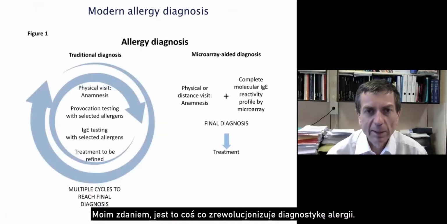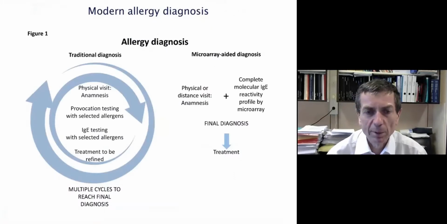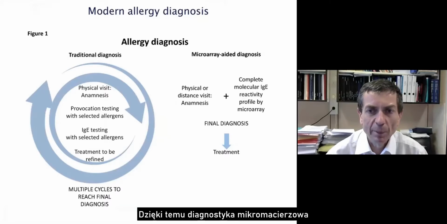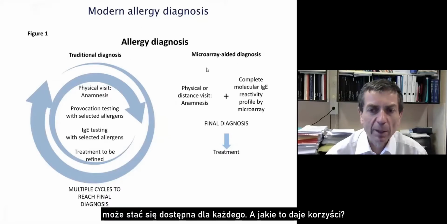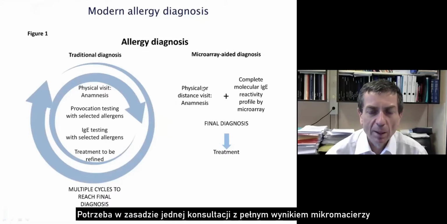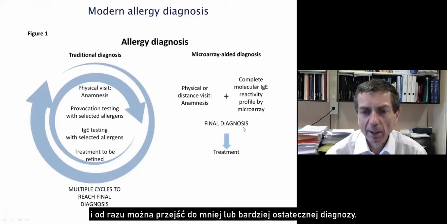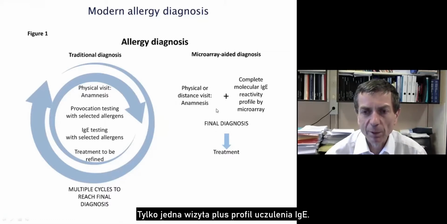Now this is basically what will, I think, revolutionize allergy diagnosis. And then we can have microarray diagnosis for each and everybody. And what is the advantage? You have basically 1 consultation with the complete microarray result, and you can immediately come to a more or less final diagnosis. So you have 1 visit in the presence of the IgE reactivity profile.